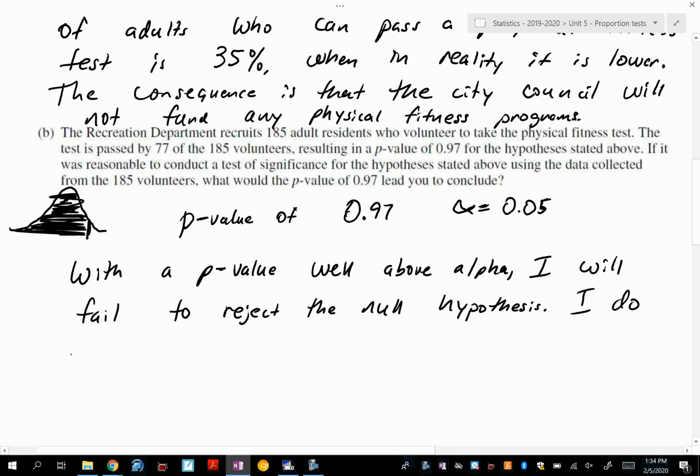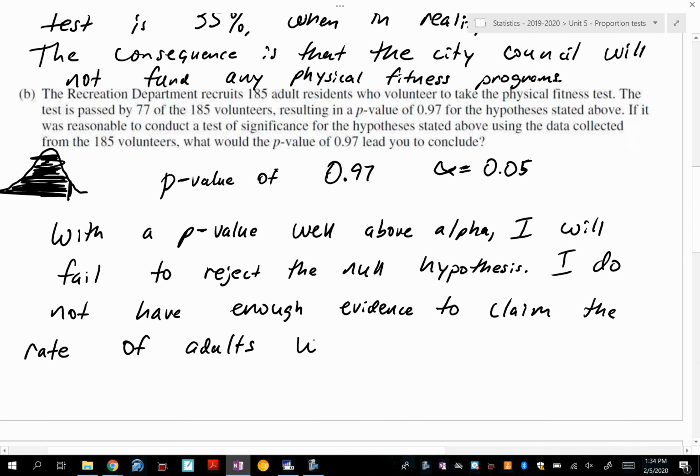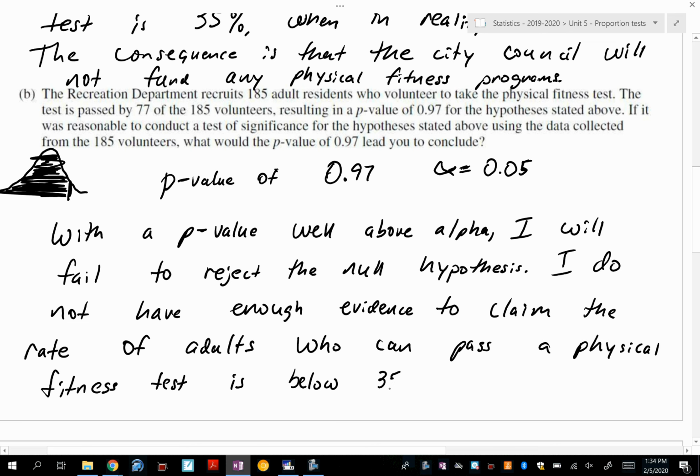I do not have enough evidence to claim the rate of adults who can pass a physical fitness test is below 35%.